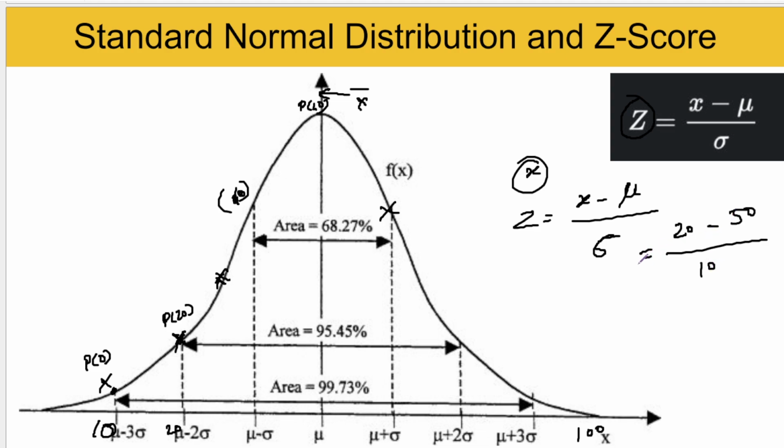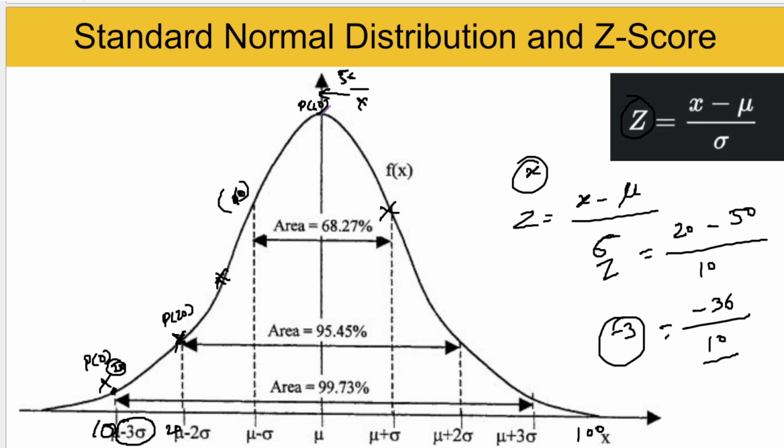In that case, 20 minus 50 is minus 30, divided by 10, which is equal to minus 3. So my value 20 is going to reside minus 3 standard deviations away, if the standard deviation is 10 and mean is 50.